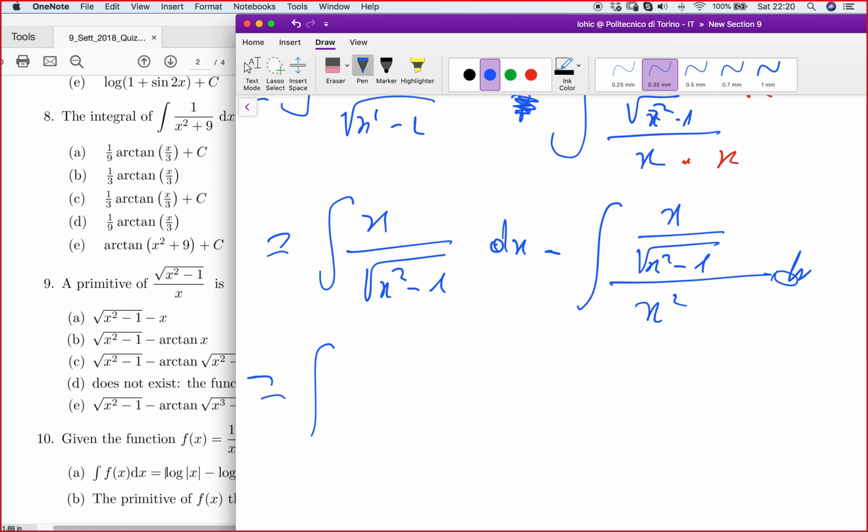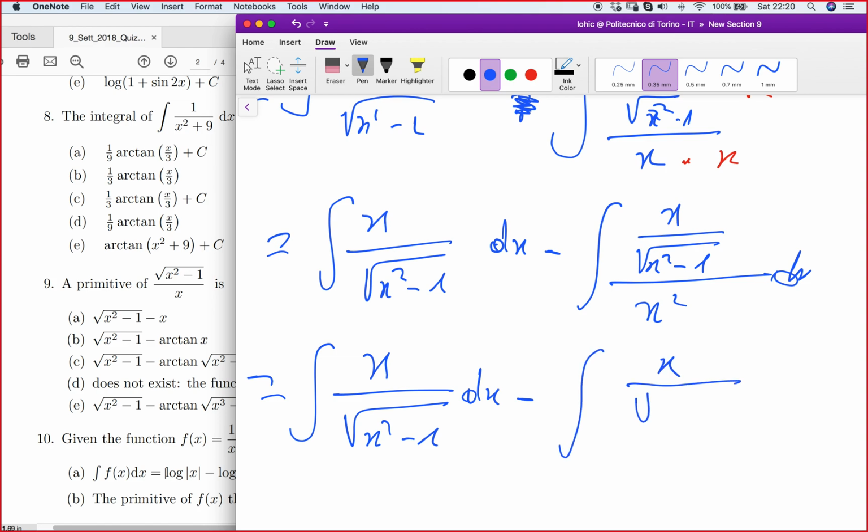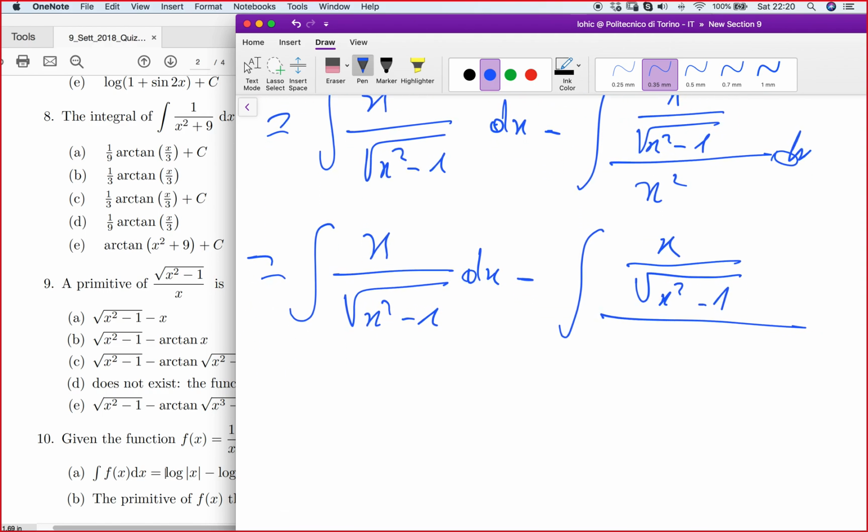Some last steps. Integral of x over square root of x squared minus 1 in dx, minus the integral of x over square root of x squared minus 1 over this x squared. I can write this x squared like 1 plus square root of x squared minus 1, all squared.